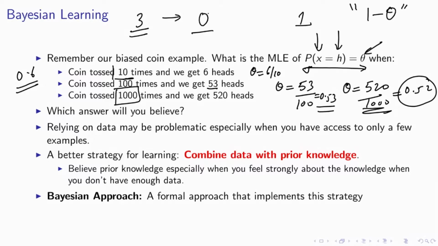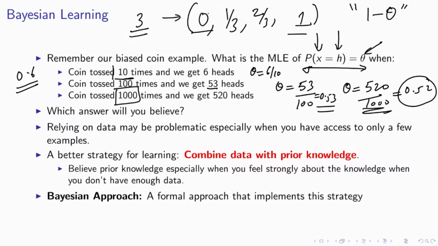Or we could have a probability of 1/3 or 2/3, and that's it. So there will be only 4 possible answers in this case. And which of these probabilities will you believe?